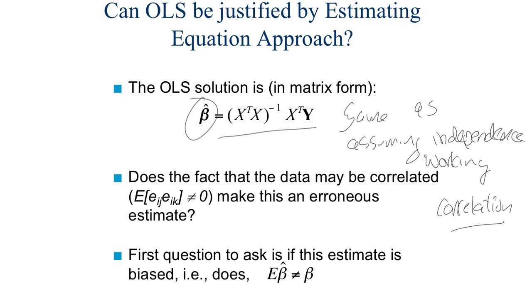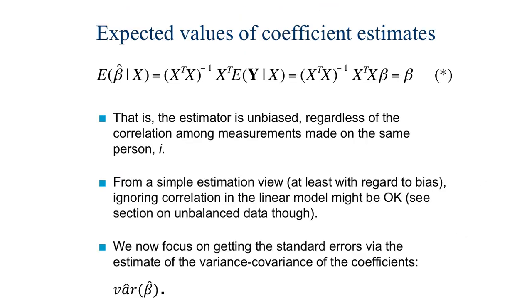We've already gone over the fact that this is unbiased for the coefficients. It depends on how to define what the truth is. Do I define it in terms of a working model or the true model? That's an issue I discussed. We're not going to go further into it right now.